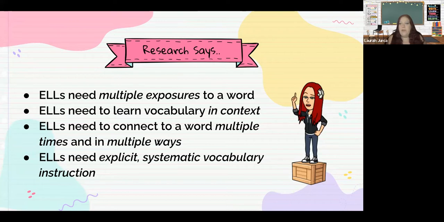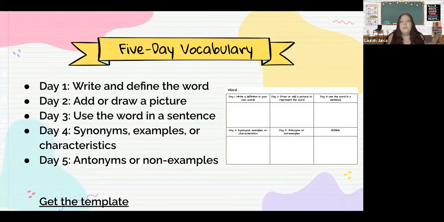So that's where this 5-day protocol comes in. It does give them those multiple exposures, the ability to see the word used in context, and the ability to really interact with that word in different ways across those 5 days. And I'm going to share this template with you in the comments.